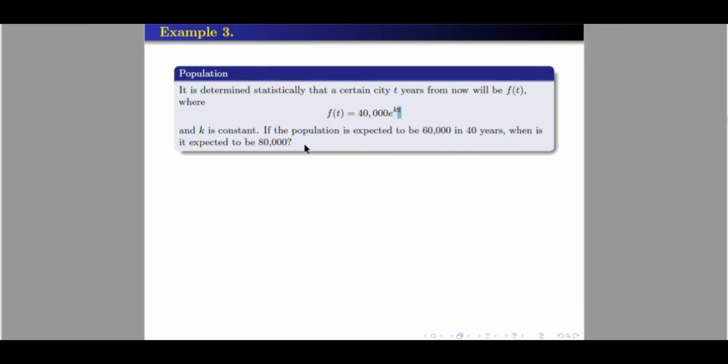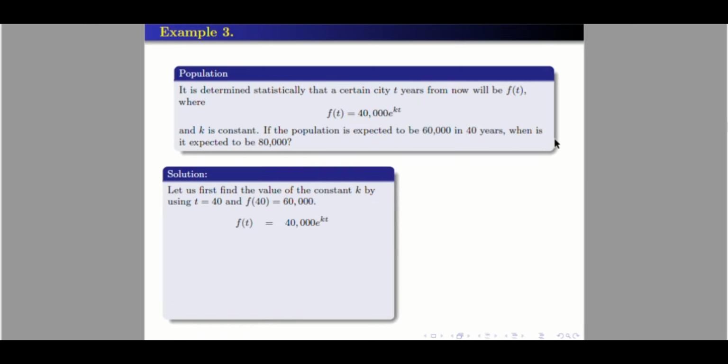Take note that we have two variables here, k and t, and k is not given. So first, we need to find the value of the constant k. For that, we will use this statement, 40 years and 60,000. So we'll start with that.